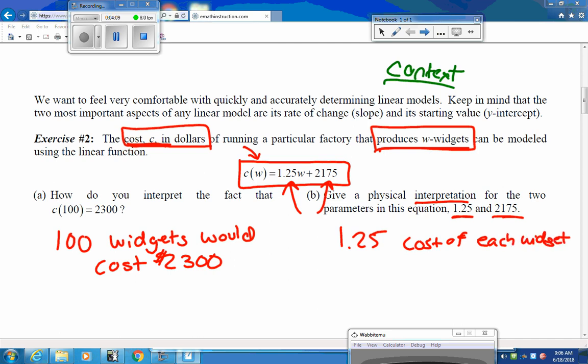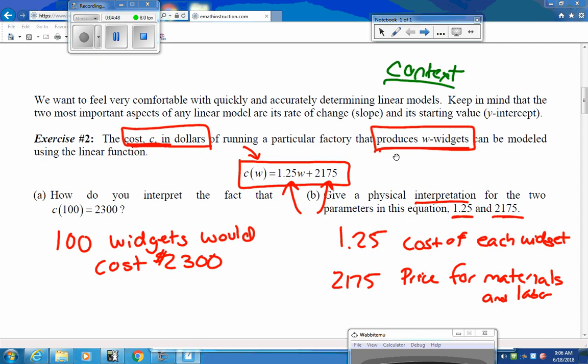And because the 2,175 is the y-intercept, that is the starting cost. This is the price for materials and labor and anything that goes into the creation of those widgets. So we start with the cost of 2,175, and then our costs increase by 1.25 for every widget that's produced.